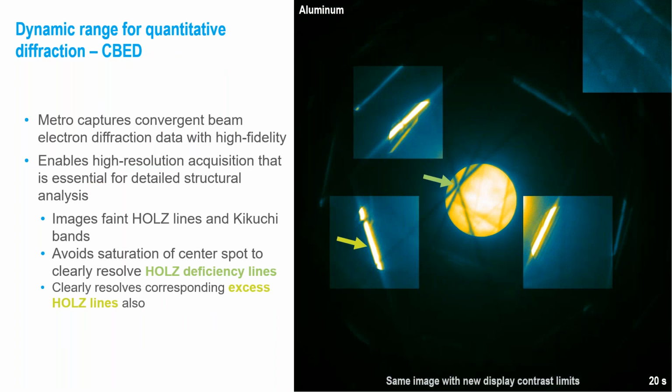I'm certainly not an expert on CBED, and I personally don't know what to do with a pattern like this. But for those of you out there who do convergent beam electron diffraction, I hope that you can see the potential here for capturing and getting some really nice information from your sample.